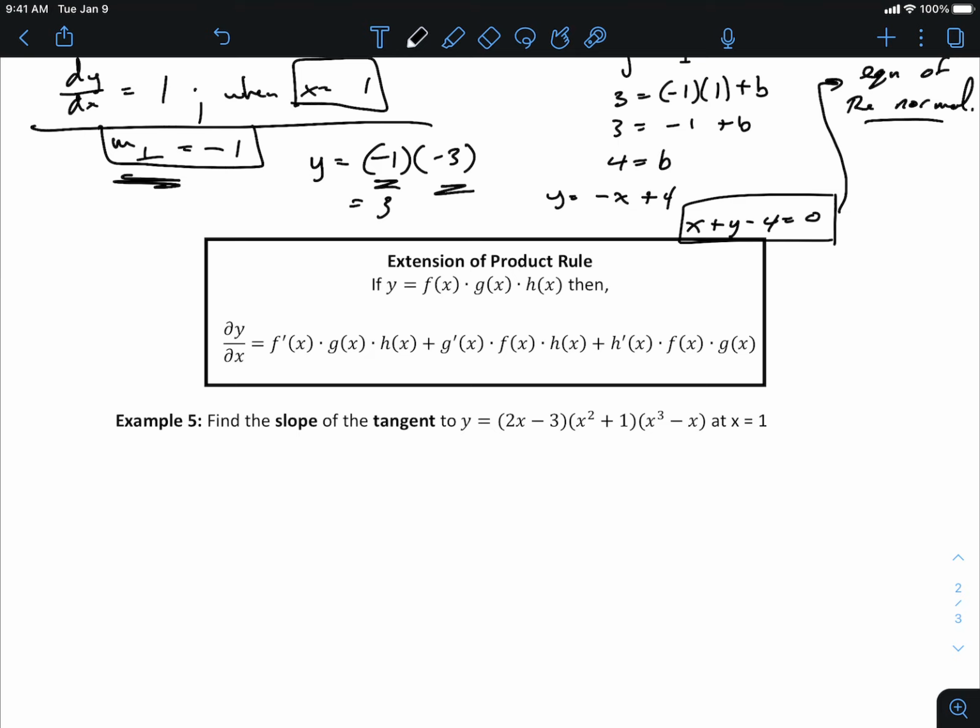We're still going to derive one of the functions, and then we're going to multiply by the other two. And then we're going to derive the next function and multiply by the original other two. And then finally derive the third function and multiply by the other original two. Okay, so that's what we're going to do. We're going to find dy dx, and we want to find the slope of the tangent at x equals 1.